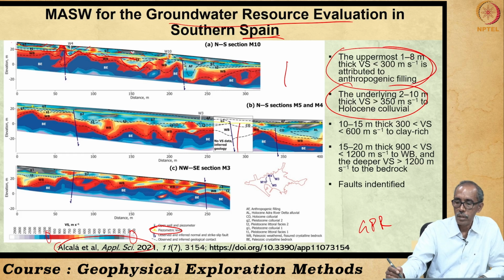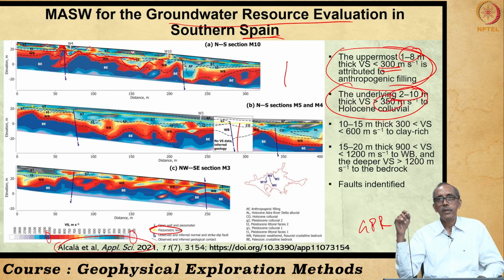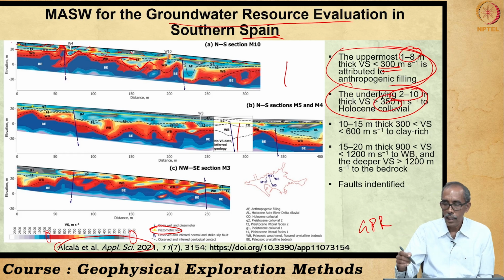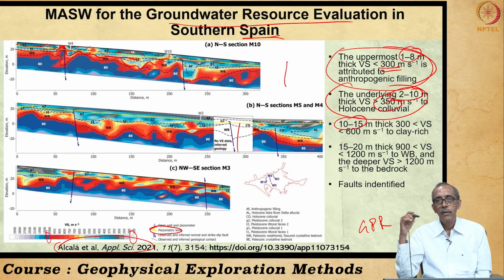The uppermost has a velocity less than about 300 meters, that is 1 to 8 meter thickness. Then underlying that is about 2 to 10 meter thick with a velocity greater than 350, right. Beneath that is another third layer of 10 to 15 meter thickness where the velocity varied between 300 to 600, right.